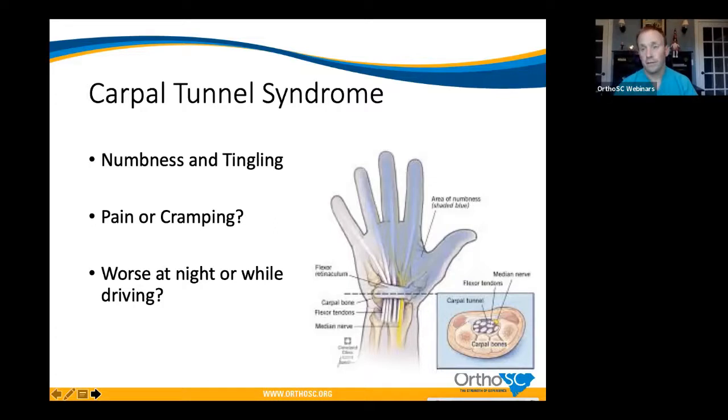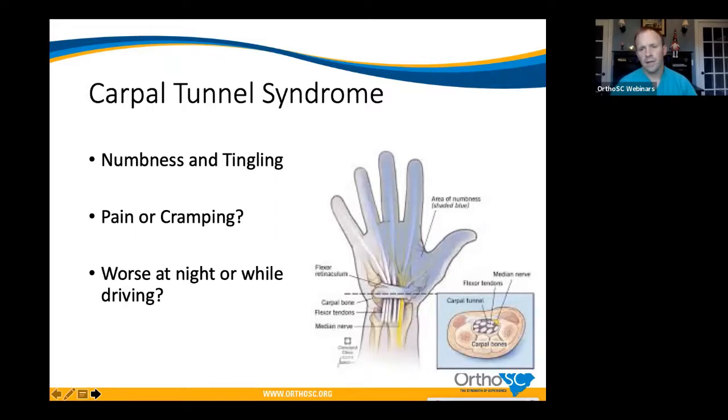Now, a lot of times I'll see it from people who have been on their phone or tablet for long periods of time playing their games. And so that can cause pain or cramping. It commonly is worse at night, like we said. Carpal tunnel syndrome is where the nerve is pinched as it's going through that tight ligament.